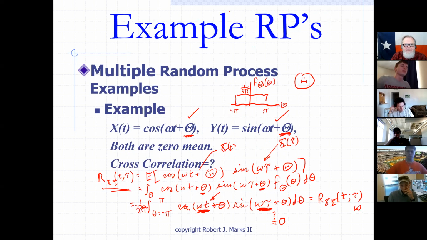Let's look at it for the case of omega, well, no, we don't even have to do that. Over this interval, we can perform this operation probably using something like Wolfram integration. I don't have the results of this integration on the top of my head, but it is something that we should be able to do for the cross correlation.